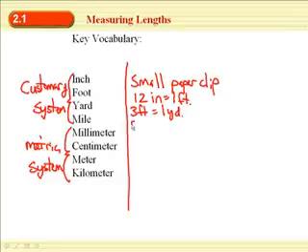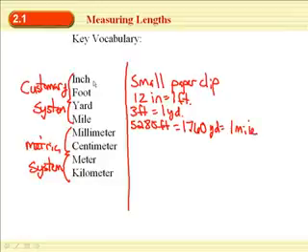A mile, there's 5,280 feet in a mile, and 1,760 yards in a mile. So they have them listed from the smallest measurement here, inch, to mile, which is the biggest in this situation.